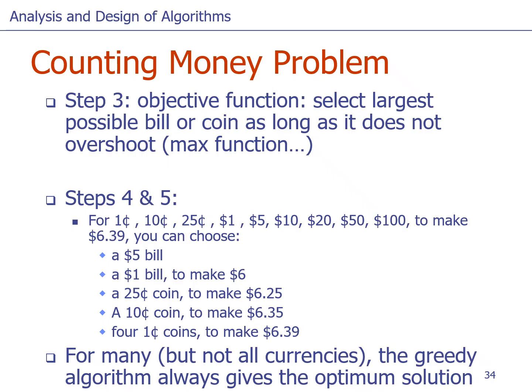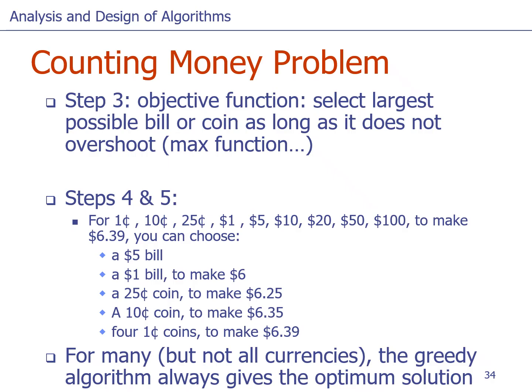So the objective function will sort the dollars from largest to smallest. 100 will not work, 50 will not work, 20 will not work, 10 will not work, 5 will work, so it picks a 5. Because again, the objective function is picking the largest value that is less than the sum. The sum is currently 0 and my target is 6.39. So I will pick a 5. And then I will try to pick another 5, but the sum will exceed, it will be 10, so it will not pick another 5, it will pick the next best candidate, which is 1. It will add it, the total will be 6.